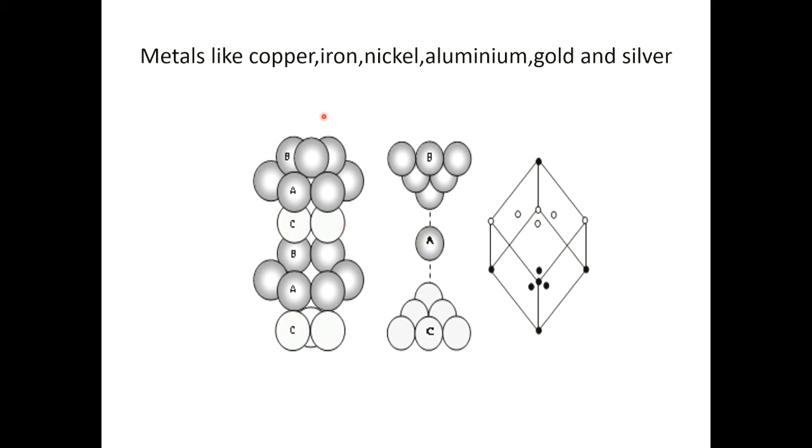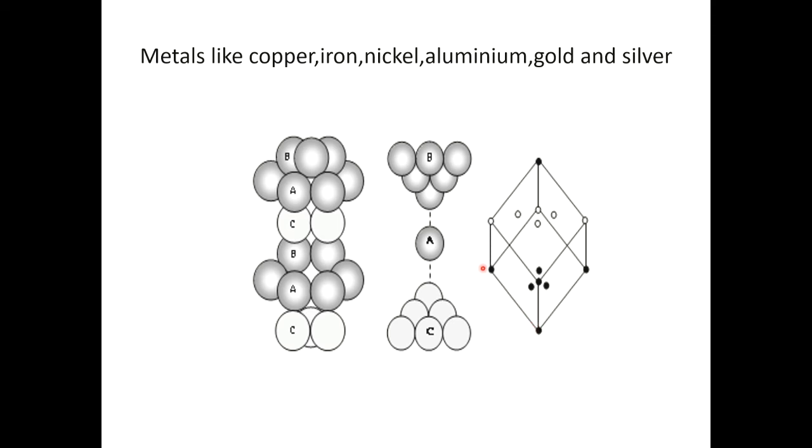Metals like copper, iron, nickel, aluminum, gold and silver are examples of this close packing. How to arrange this? 1, 2, 3, 4, 5, 6 and 1. Then 1, 2, 3, 4, 5, 6. This is the ABC type.